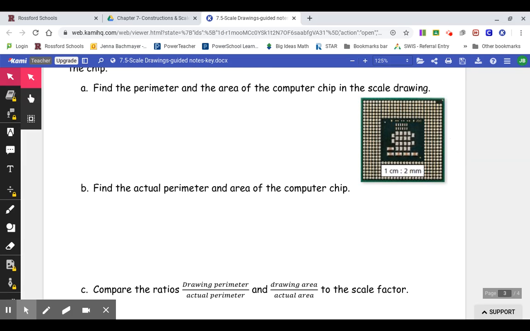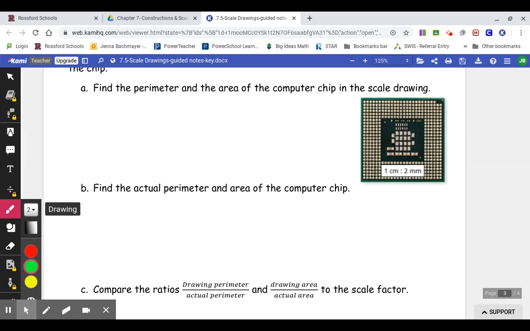But we're going to work on perimeter. One thing that we have to remember about perimeter is that perimeter is all the way around the image. Okay, so it's taking this side and adding it to this side and adding it to this side and adding it to this side. Adding all of those sides together, that's going to give us our perimeter. Okay, so perimeter, when I measured, I had 4.3 centimeters.